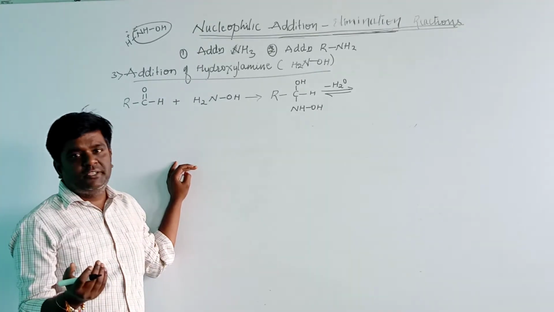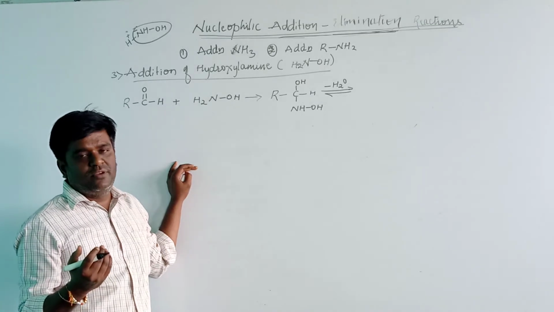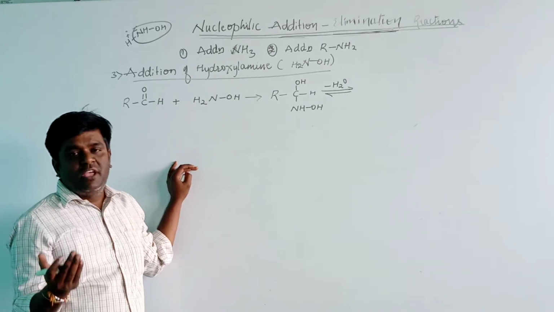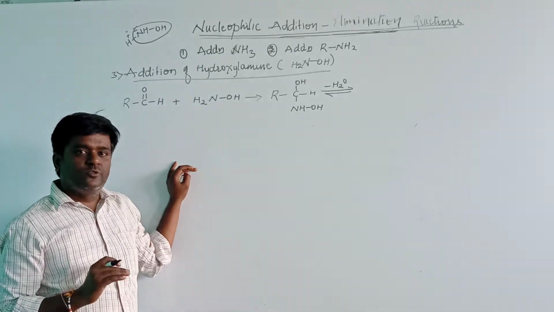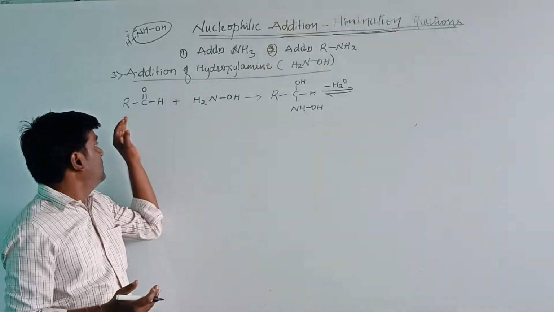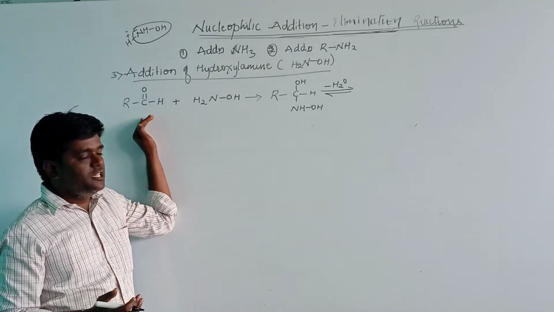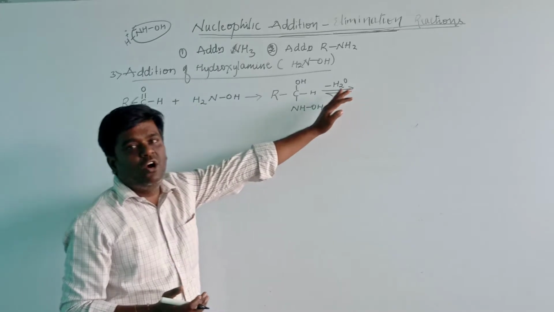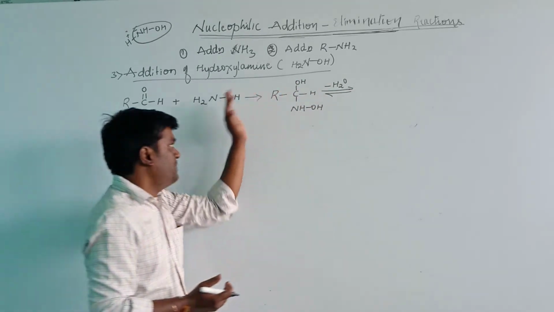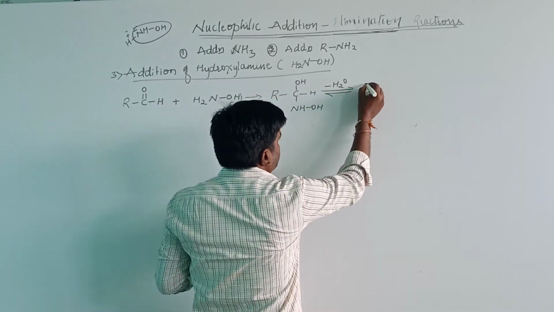We are using an aldehyde, therefore we will get the aldoxime. If we use the ketone, then it will give the ketoxime. Here we are using the aldehydes, therefore it will give the aldoxime as the main product.